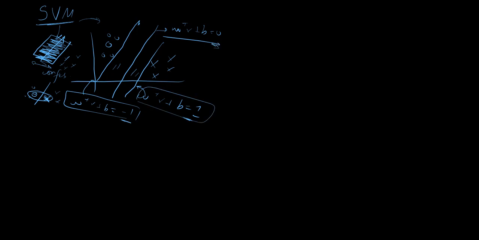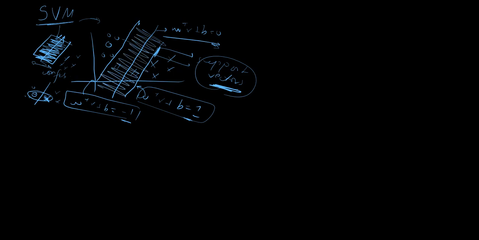And remember these lines are always parallel. These are called support vectors, and hence the name support vector machines. All three lines together make the whole wide street, which makes our prediction in the SVM more confident. Now, this was the linearly separable data set.